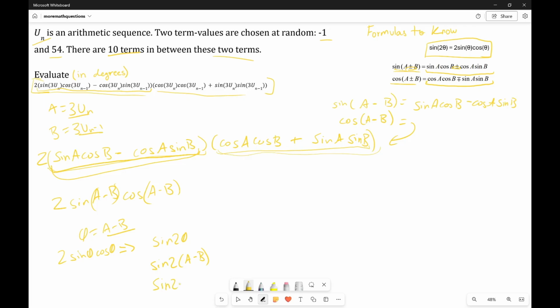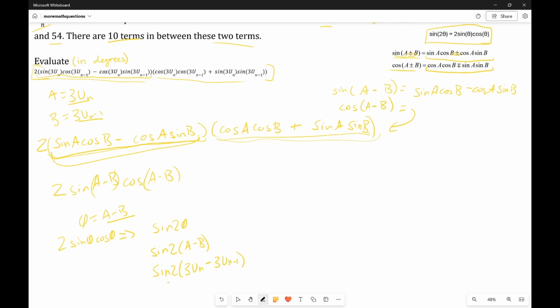We can say sine 2 times 3un minus 3un minus 1. Okay, that's good. Now we can also factor out this 3, just to make it a little bit simpler. We can say sine 2 times 3 times un minus un minus 1. 2 times 3 is just 6. Nice. So now this is the expression that we will evaluate at the end.